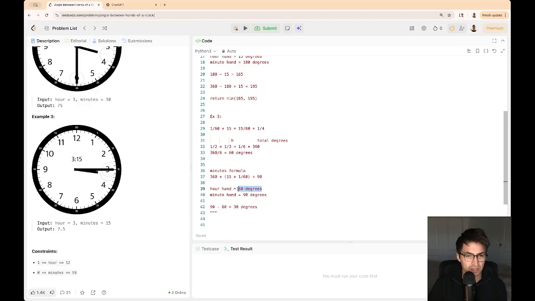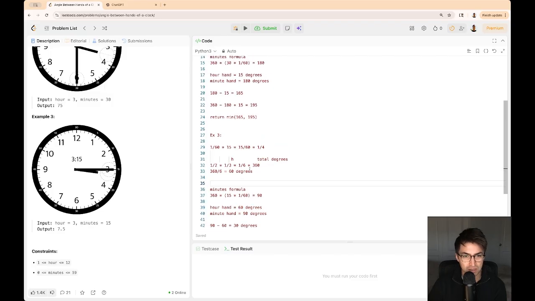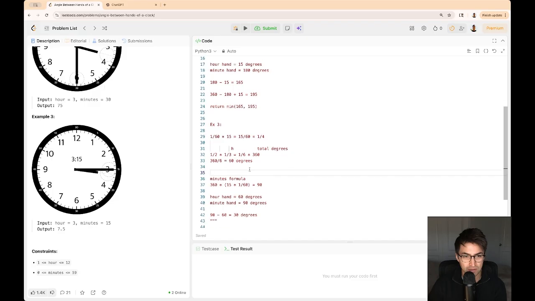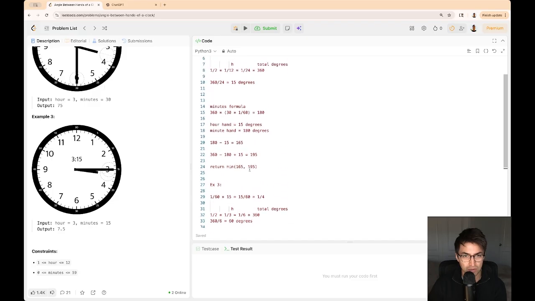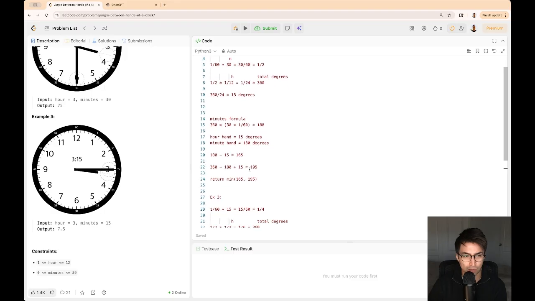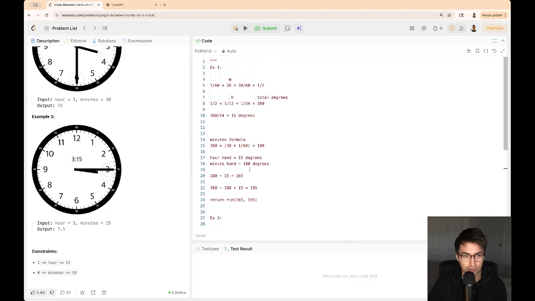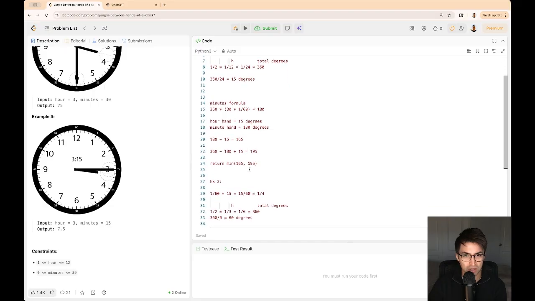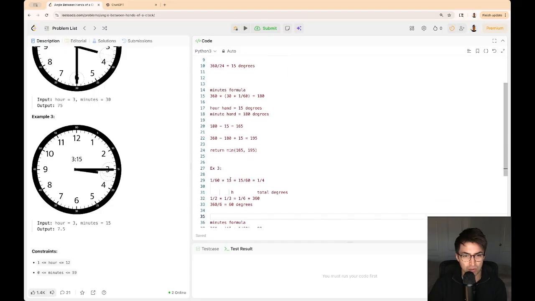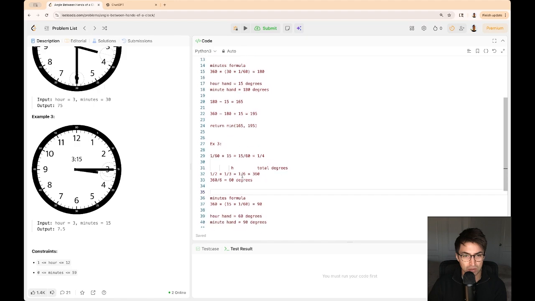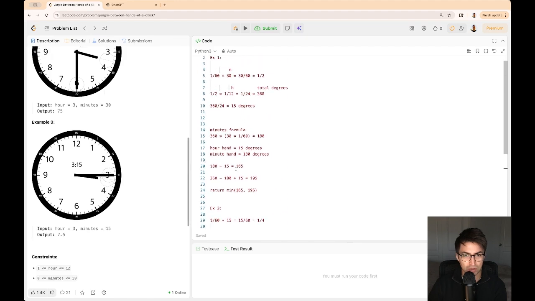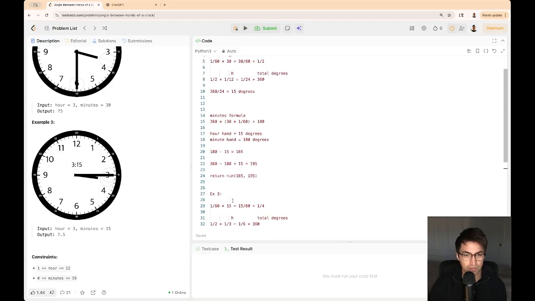The hour hand is 60 degrees, but if we look at this, it's past the 90 degree mark, which would be at the 3. So maybe we messed up on the hour hand. The hour hand, these were the minutes.